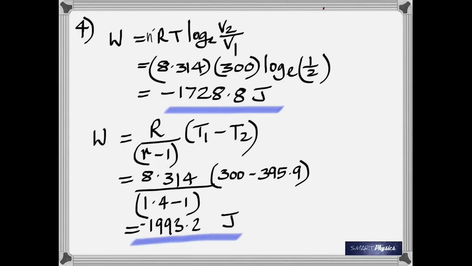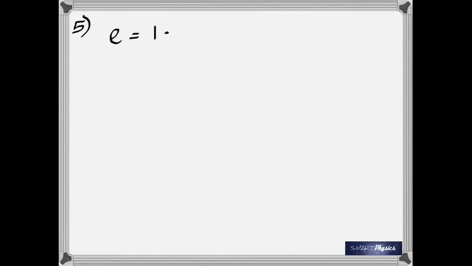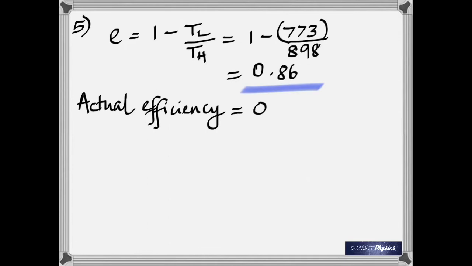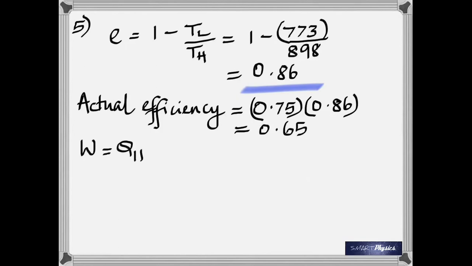Again, negative. Efficiency of Carnot's engine is 0.86 or 86%, but the actual efficiency is only 75% of that, so it's 0.65.